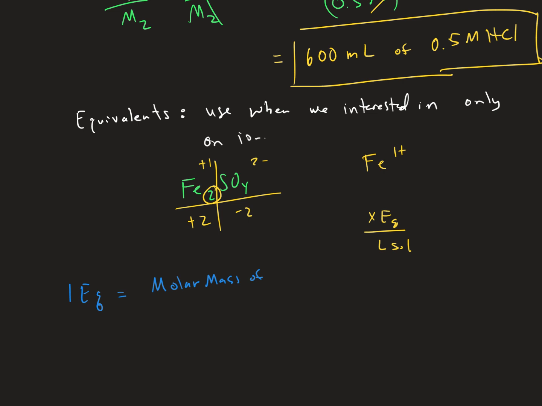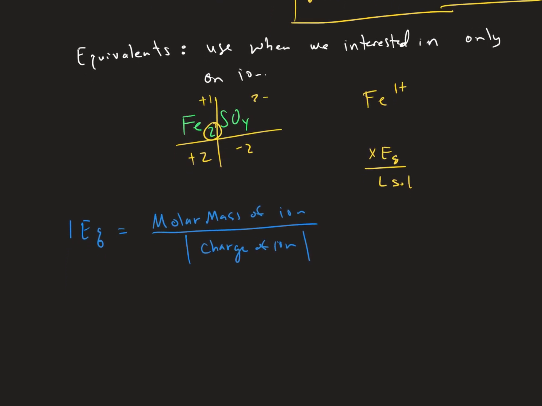I should say of our ion, divided by the charge of the ion. Absolute value. Why do we care? What's the absolute value mean? It's a positive number. So if it's a negative charge, we're just going to omit the negative. That's all. Okay?